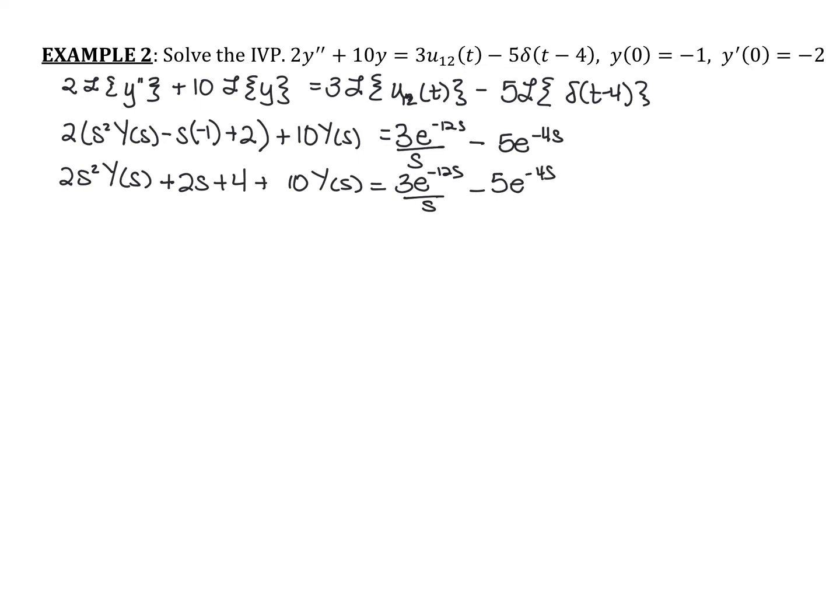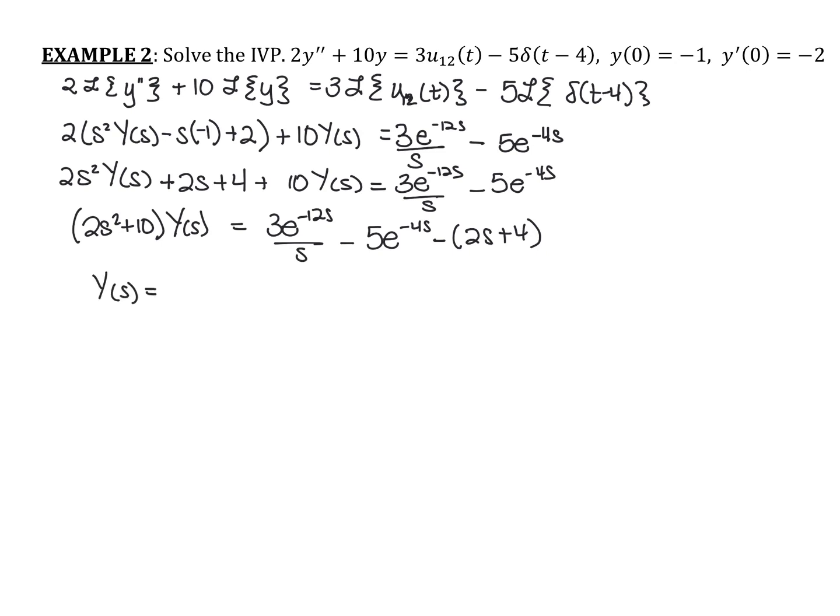All right. There we go. So now we've grouped everything that's alike, and I am going to divide both sides so we can get the Laplace transform of y by itself.